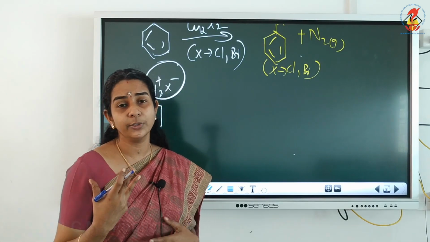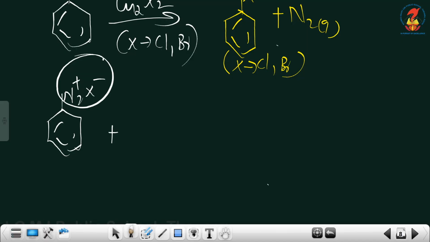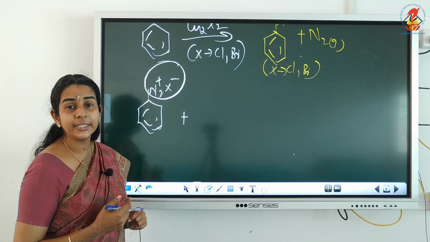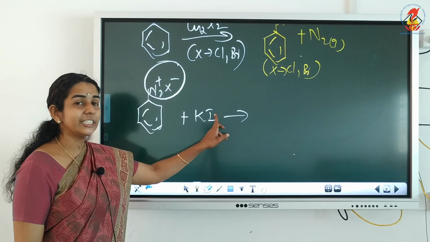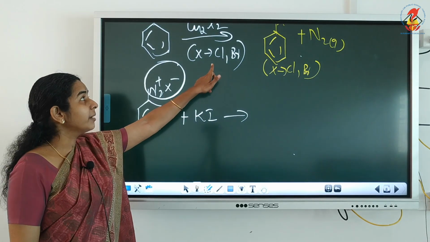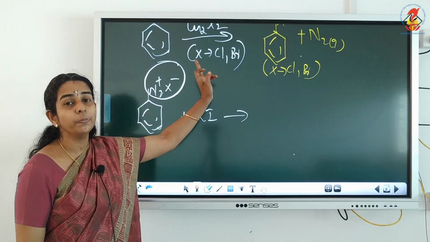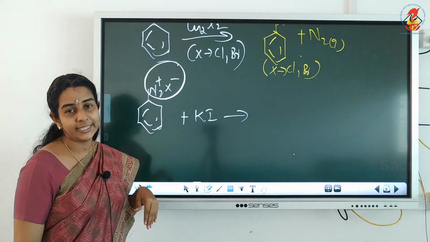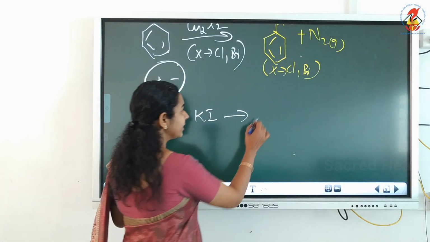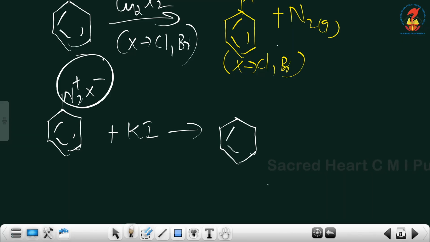Due to the larger size of iodine, the diazonium group can be easily replaced by iodine by simply shaking with potassium iodide. But remember, this is not Sandmeyer's reaction. Sandmeyer's reaction uses only cuprous halide. So how can we prepare iodobenzene? It is by simply shaking with potassium iodide. We get iodobenzene and N2.